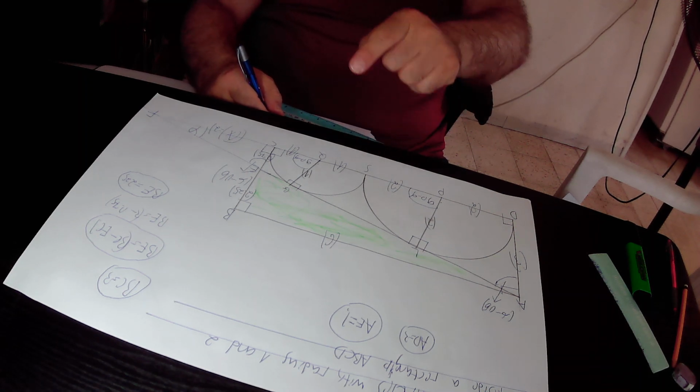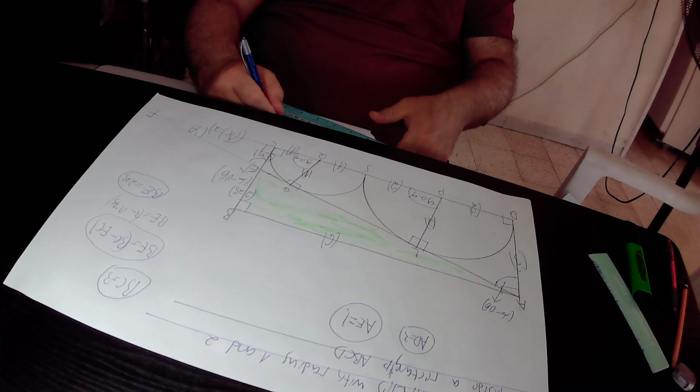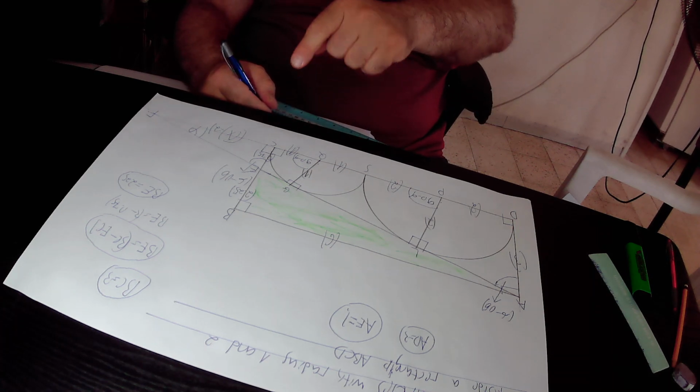Side AB equals 6 units in its length, and side BE equals 2.25 units.